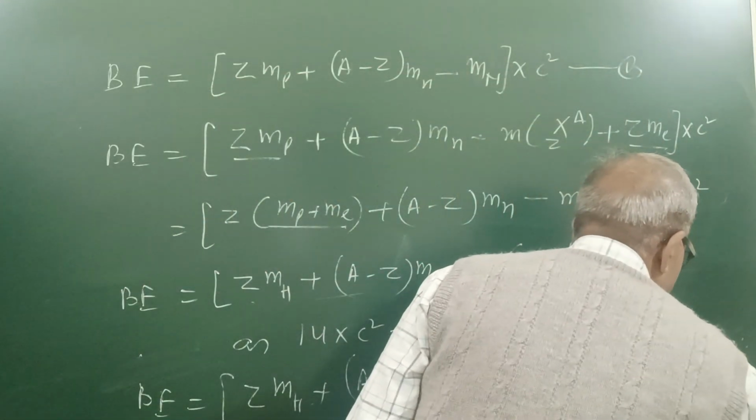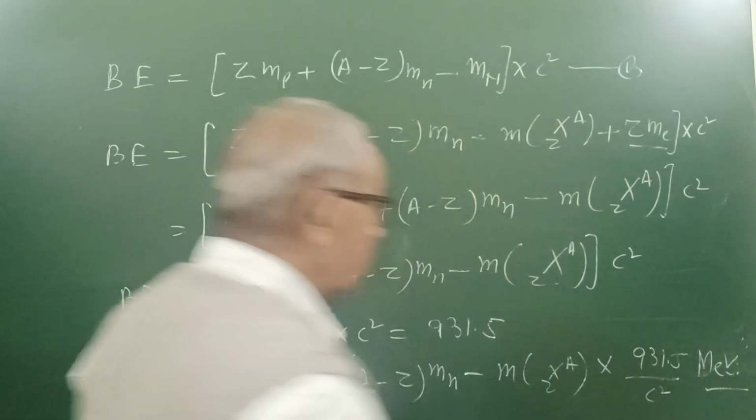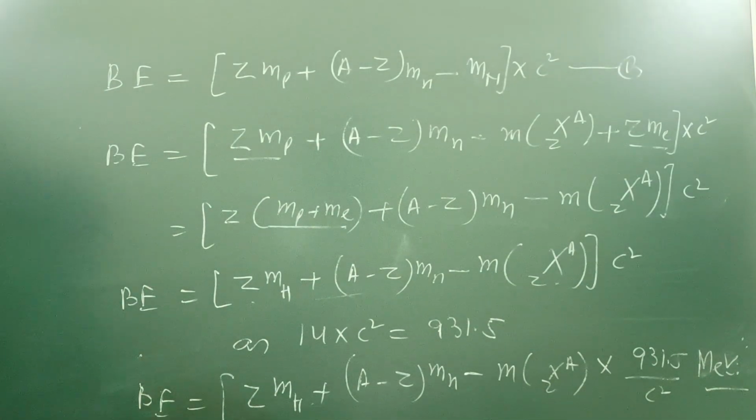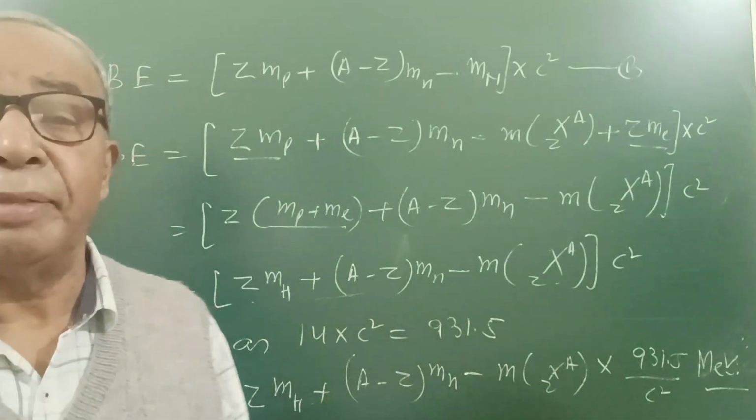So this is the binding energy expression for a nucleus whose atomic number is Z and mass number is A.